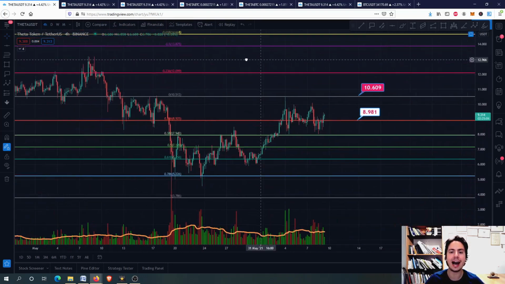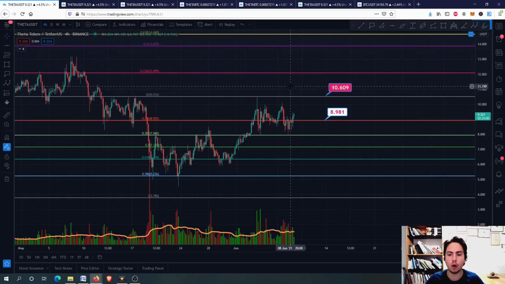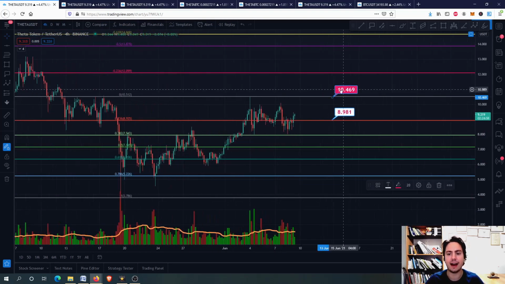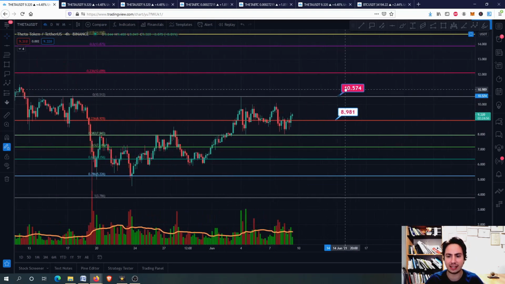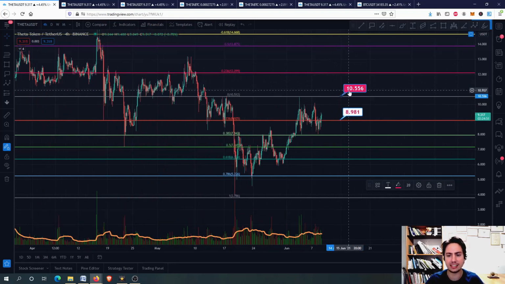So you can see how beautiful this is, guys, and of course you can see that our major resistance level for now is the 10 cents. If I wanted to go for more resistance levels, the next one would be 12 cents.